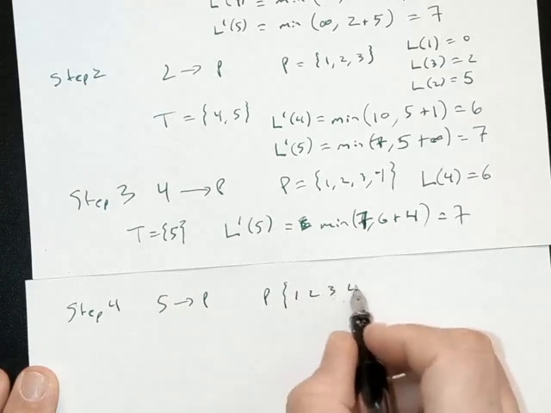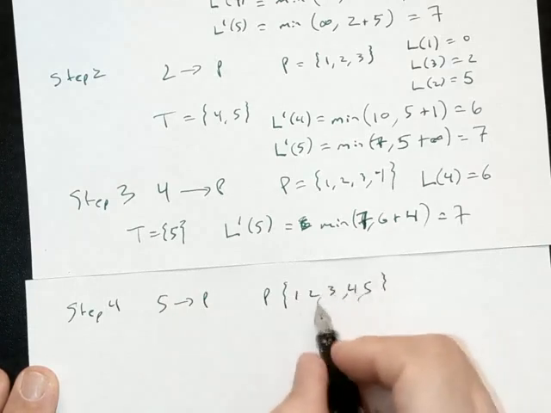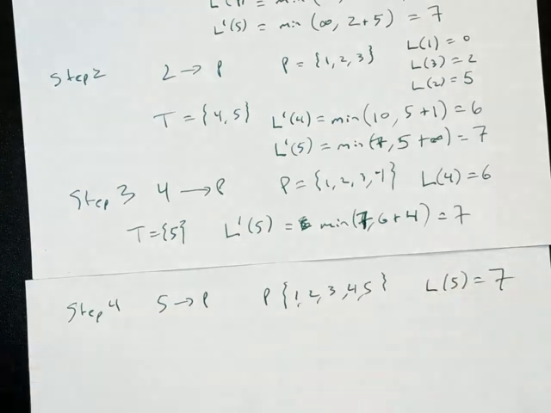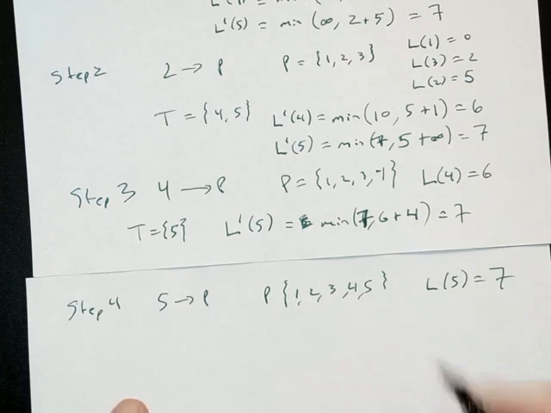My permanent set now consists of all of my vertices, and the permanent label on 5 is 7. I'm done. All 5 of my vertices have permanent labels.